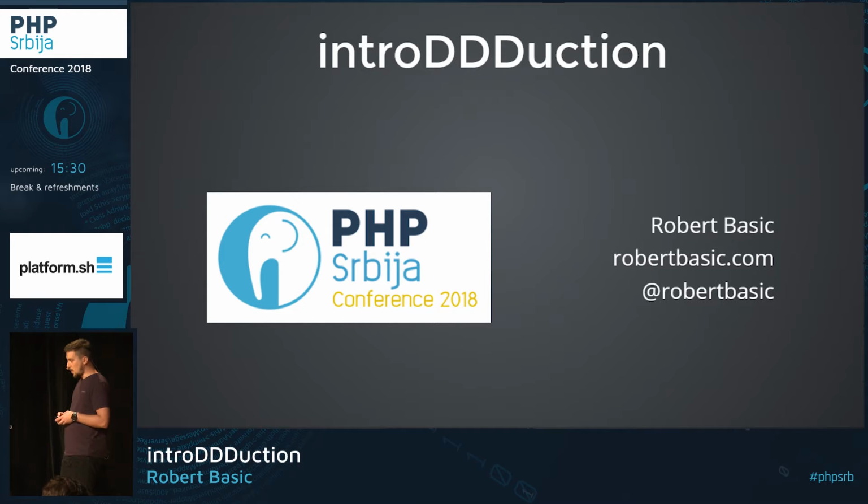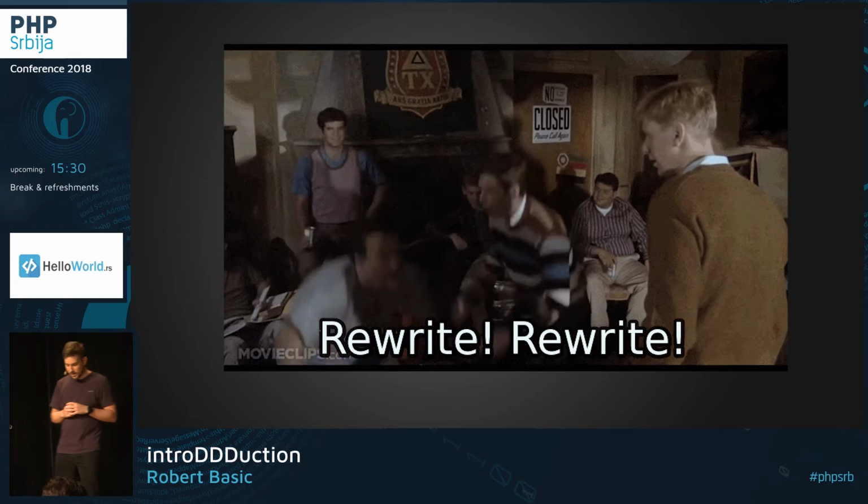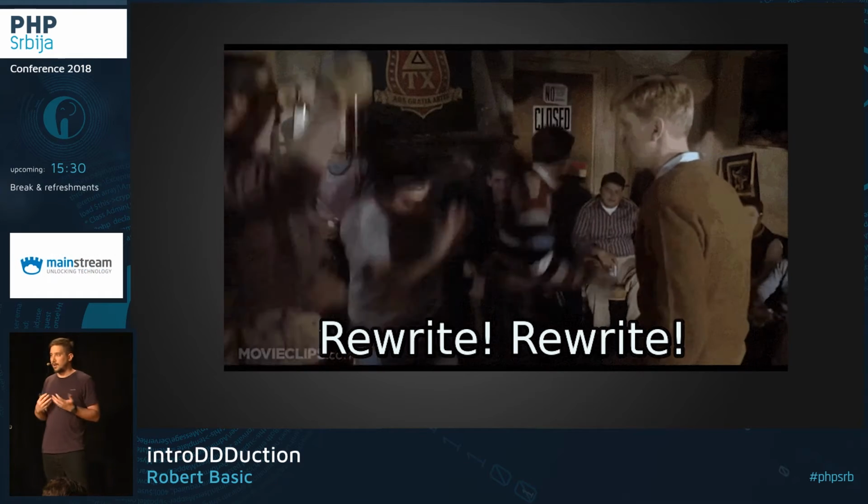Now, when people say legacy application, I know that programmers usually run for cover or start screaming, rewrite, rewrite. They don't want to work on legacy applications. They only want to work on really new, shiny code. And I don't understand why.